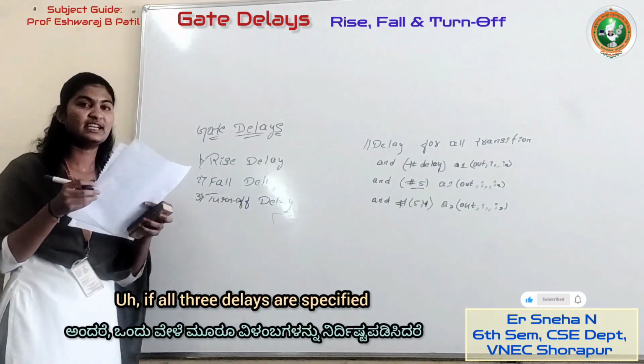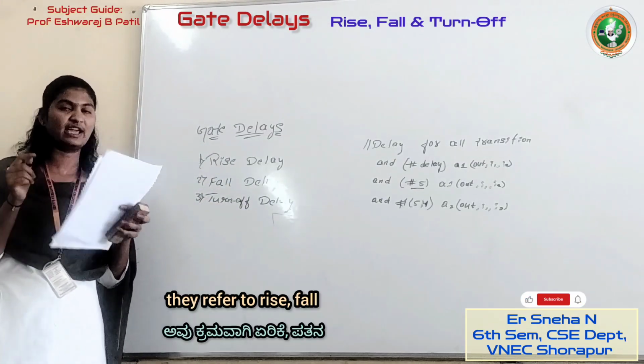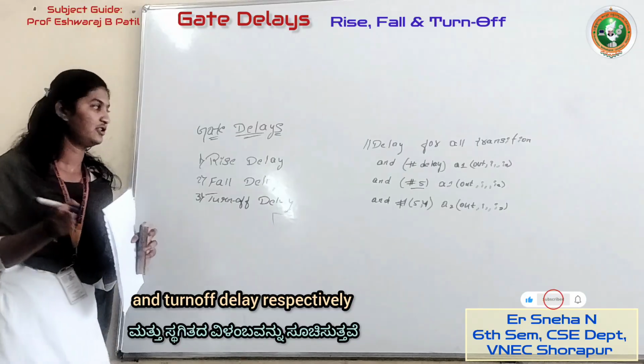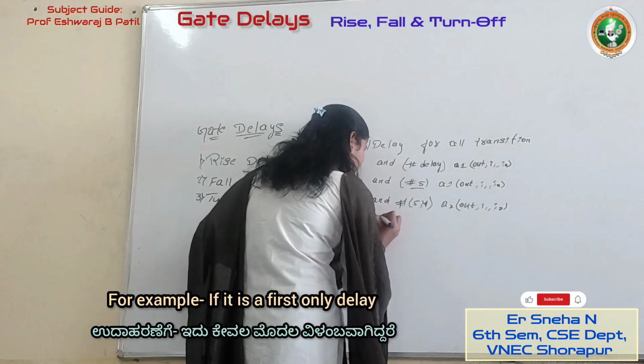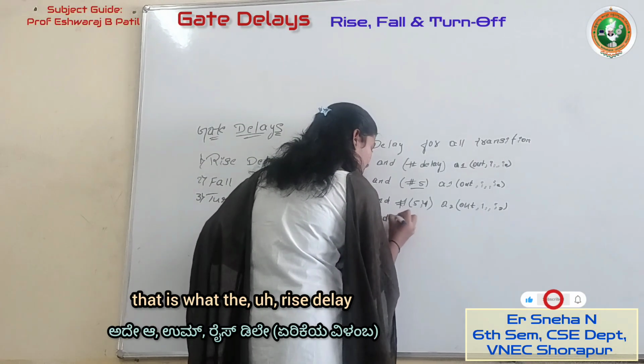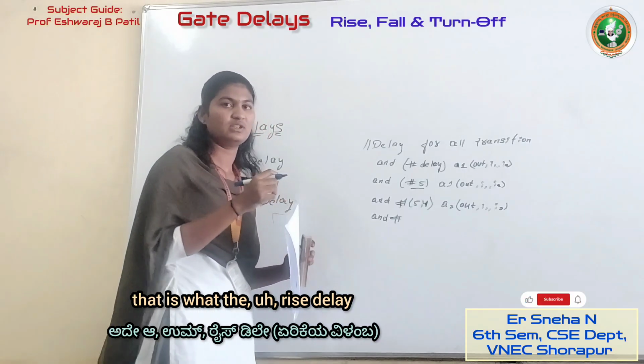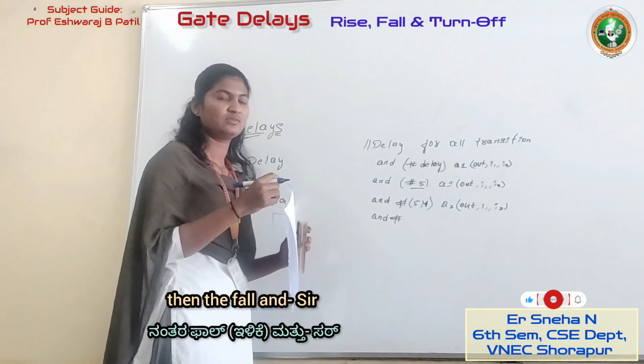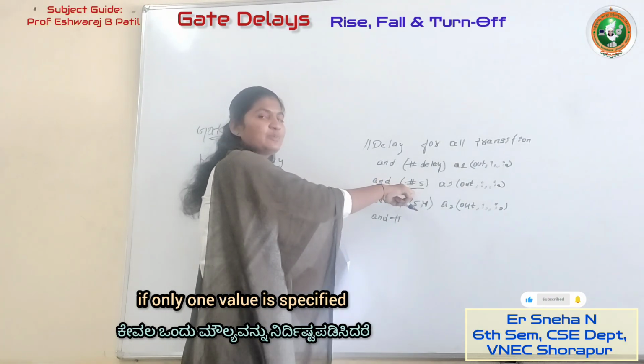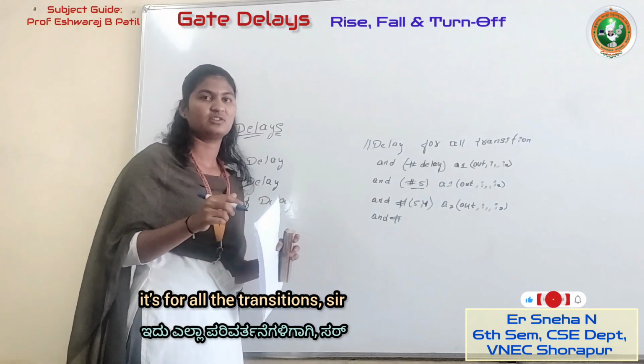If all three delays are specified, they refer to rise, fall and turn off delay respectively. If only one value is specified, this is for all the transitions.